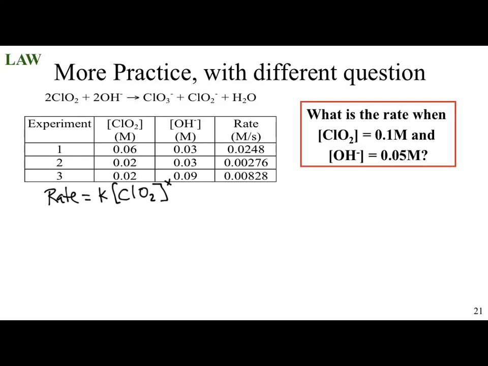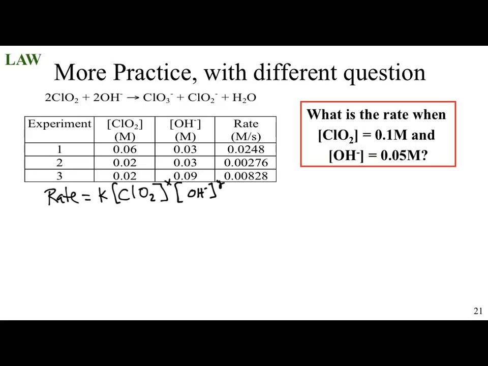Times the concentration of OH minus. Remember how I said products could possibly feed back into the reaction? How do you know products aren't feeding back into the reaction? I'm not telling you they are. It's the only time you'll see the products feed back in, where you need to account for them in your overall expression. So we now have a rate expression.